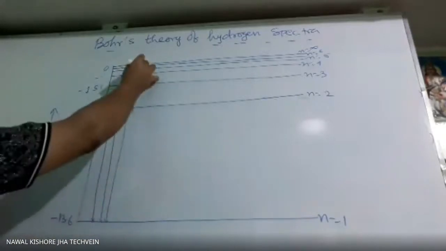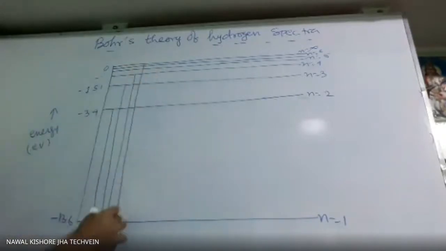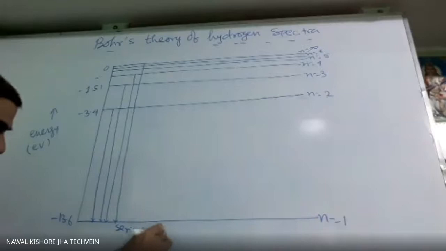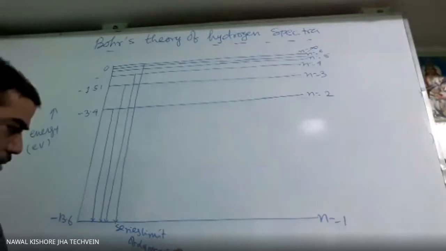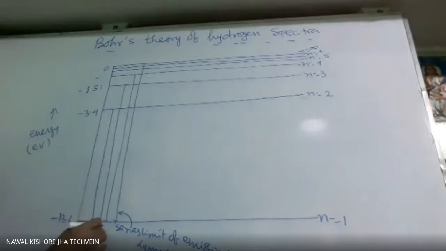And from this one, if you are taking, then this one we call series limit. Emission. This is the first member, second member, third member. So this is Lyman series, emission lines of Lyman series.